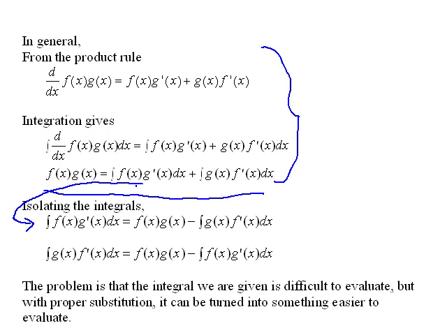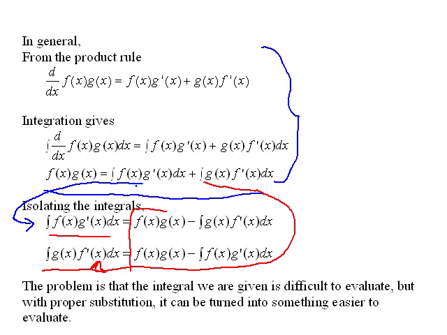Or, if we're given the second one to integrate, the integral of g times f prime equals, again, f times g minus that other leftover integral from before, f times g prime. If these left-hand sides are easy to integrate, then we just carry out the integration and don't think about it. But in general, what we do is we use this side to evaluate the integral on the left-hand side. And the idea is that hopefully, if we've played our cards right, this integral is easy to evaluate.